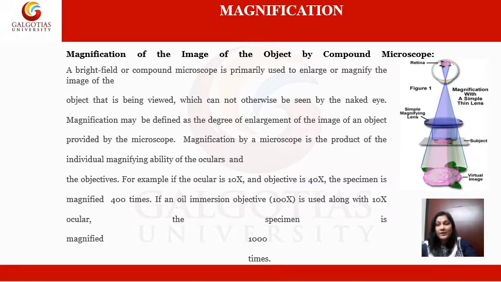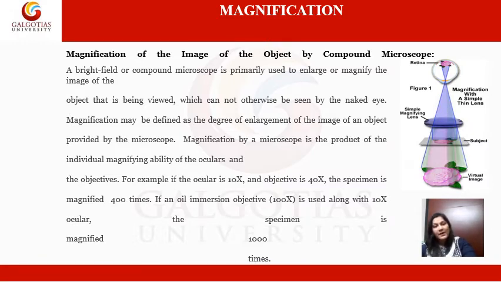So in compound microscope, we have used either two or more than two lenses to magnify the image. That's why this is known as the compound microscope. Okay. So in this lecture, when we learn about the different terms used for the microscope, we will generally use compound microscope as an example, because compound microscope is a primitive type of bright field or optical microscope that is generally found in the laboratory.